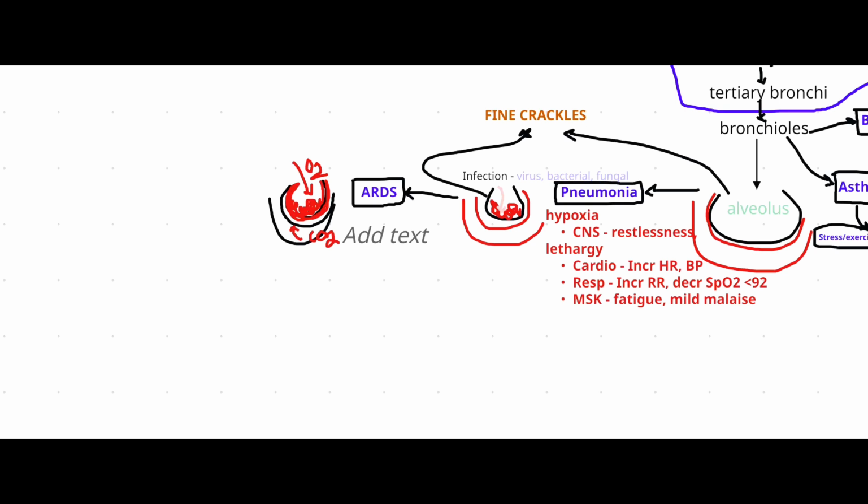And at the same time, I mentioned to you that now CO2 is also not going to be able to get out, right? So let's look first at the normal, so this is PaCO2. What is the normal CO2? 35 to 45 mmHg, okay? Now, what do we associate with CO2? This is an acid, okay?